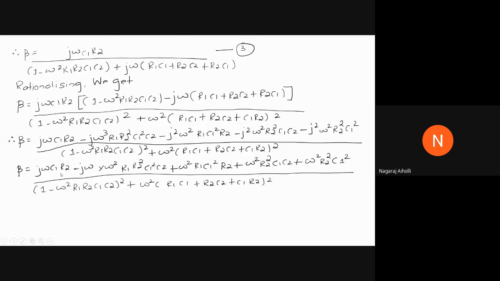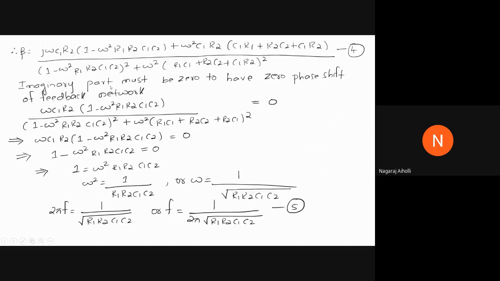If we take it common here, it will be 1 minus omega square r1 r2 c1 c2, so it is 1 minus omega square r1 r2 c1 c2.